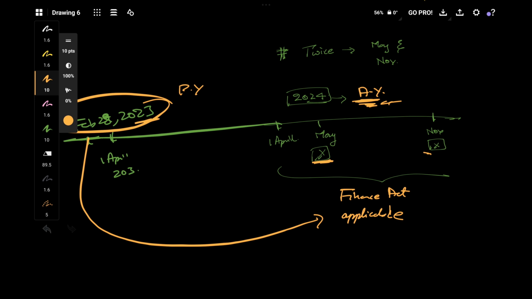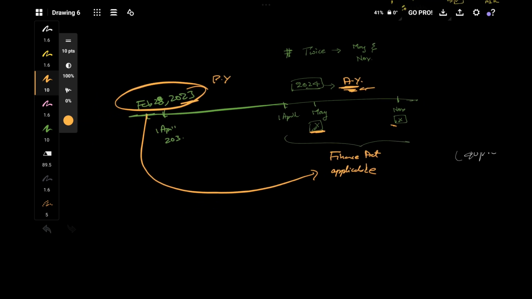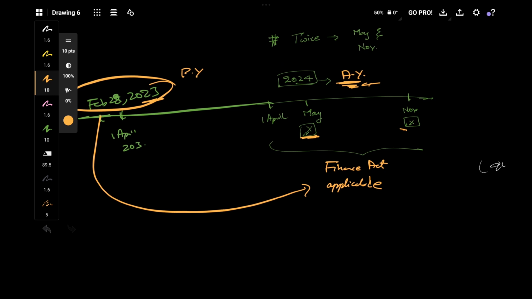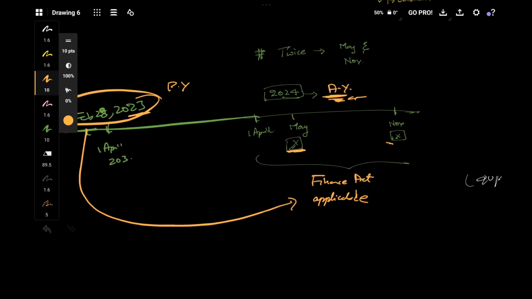That's what ICAI sought, and ICAI wanted you to learn that way. That's how it will happen every year. If there is an exam in 2024, the Finance Act of 2023 will apply. Generally, the Finance Act of last year will apply.